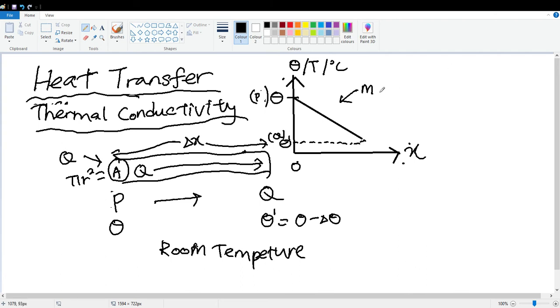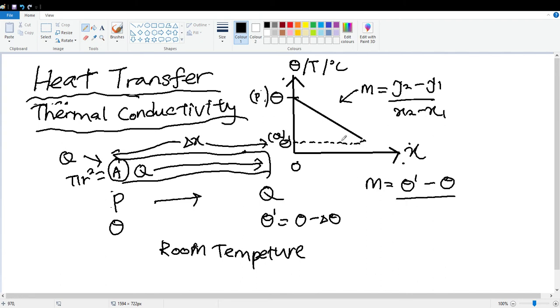The gradient equals y2 minus y1 divided by x2 minus x1. Let me write it here. So what will be my y2 here? My y2 is theta prime minus theta.